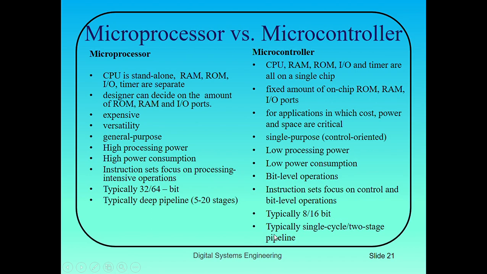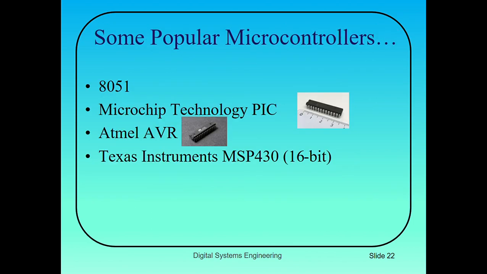Typically a single cycle or two stage pipeline is available in microcontrollers. Some popular examples of microcontrollers are the 8051, Microchip Technology PIC microcontroller, Atmel AVR microcontroller, and Texas Instruments MSP430 16-bit microcontrollers. These are some popular microcontrollers available in the market.